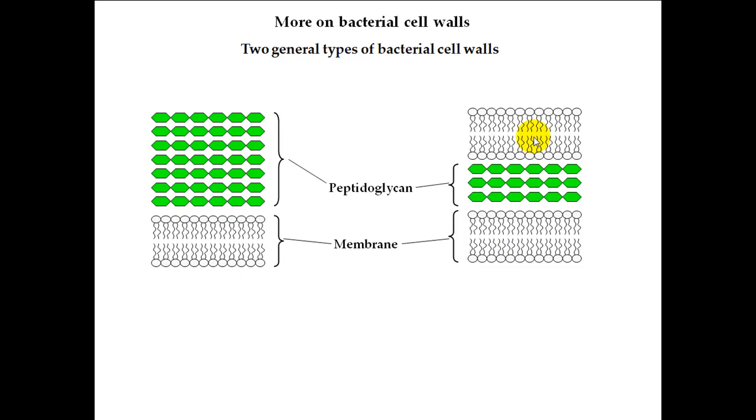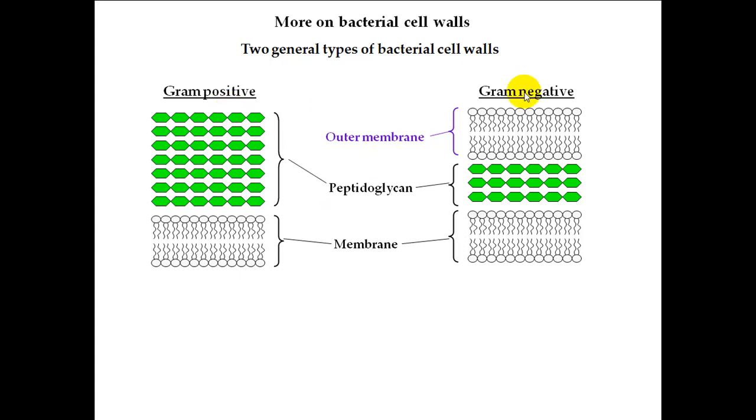So they have basically a peptidoglycan sandwich between two different membranes. When we say there are two slightly different arrangements of cell walls in different bacteria, here are those two types. A cell wall that looks like this is called a gram-positive cell wall. A cell wall arrangement that looks like this is called a gram-negative cell wall.